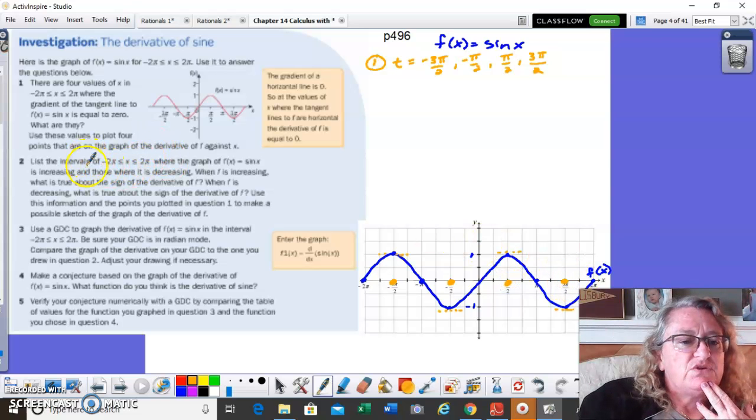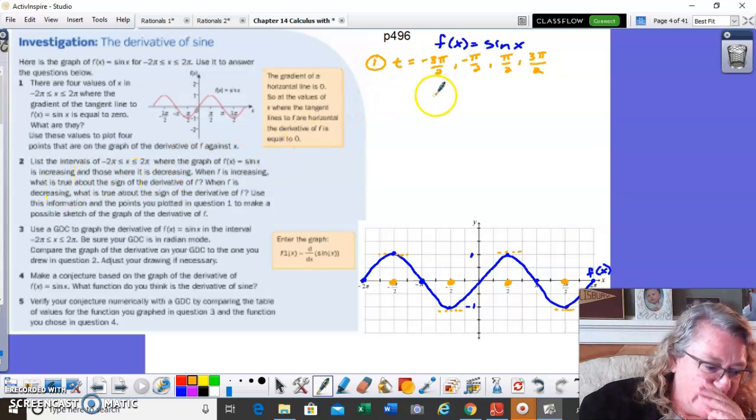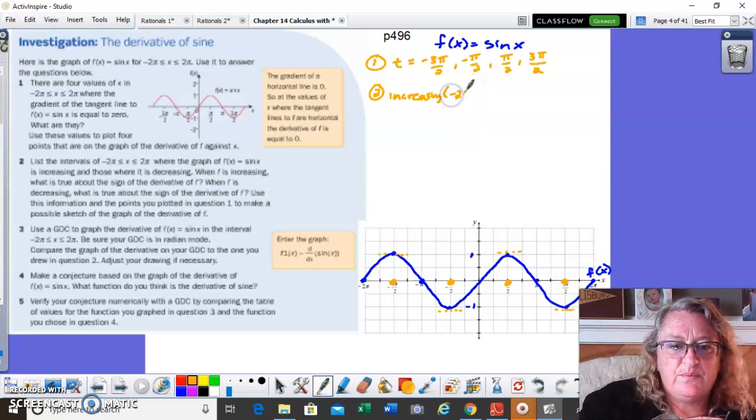Great. So now number 2 is asking us to list the intervals between negative 2 pi and 2 pi for when the graph of sine of x is increasing and those where it's decreasing. In order to do that, we want to look at this graph. This thing is increasing here, right? So for number 2, we're going to say increasing from negative 2 pi to negative 3 pi over 2.